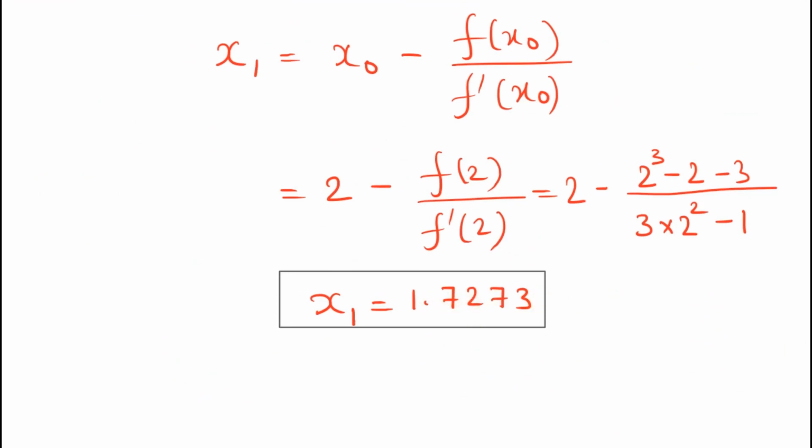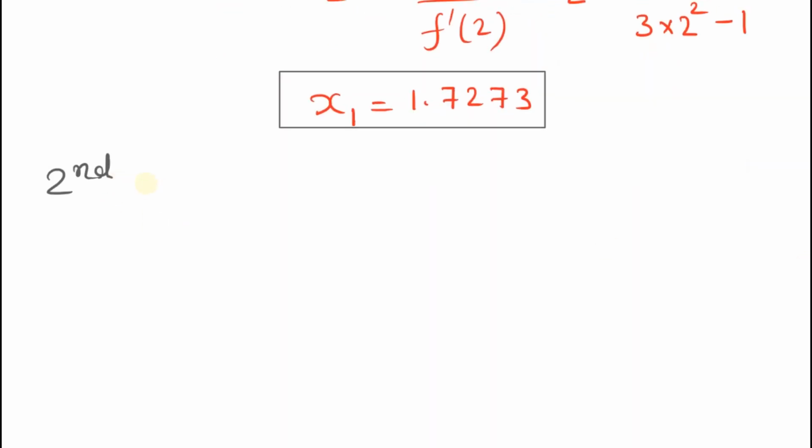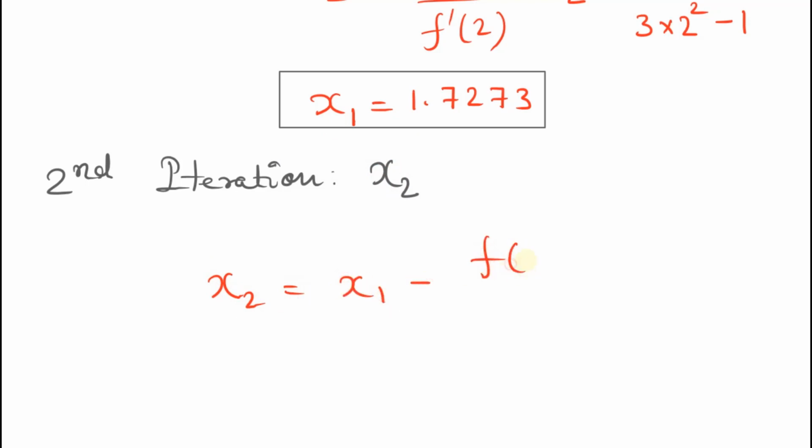1.7273. Now the second iteration will give a value closer to the original solution of x. So for the second iteration, we have x1, and we need to find x2. x2 will be equal to x1 minus f of x1 divided by f dash of x1.